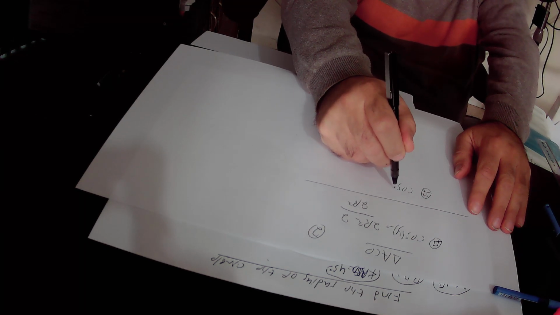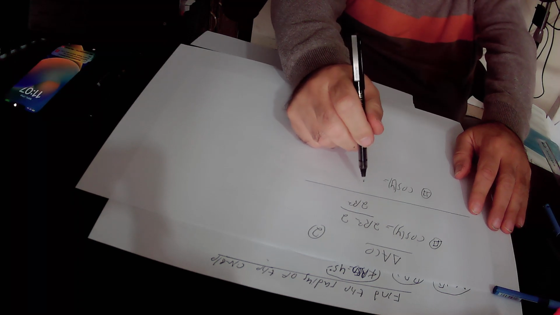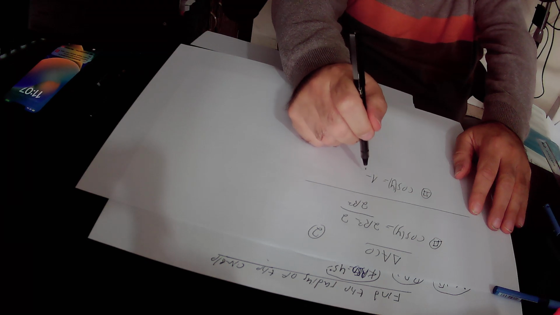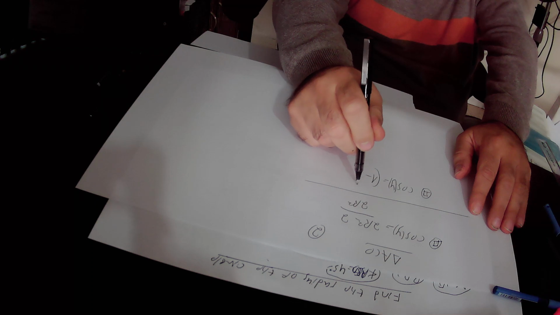So cosine y equals 2r square over 2r square is 1, minus 2 over 2r square is 1 over r square. This is equation number 2.